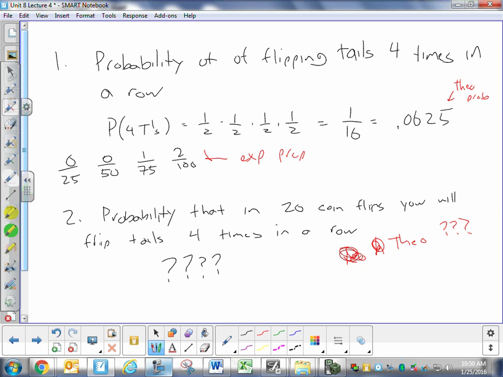Once you get it, you're done. Yay! I did it. And you did it in a row? No, just somewhere in 20 throws, at some point, you get 4 in a row.